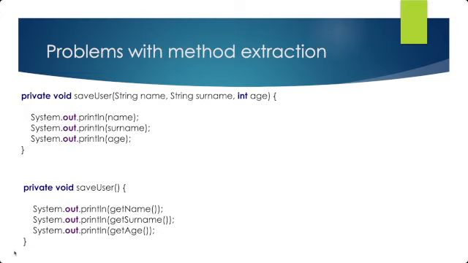But when we use it, we can make the first example of code into the second. We just remove all parameters and use little methods to get some information without sending any parameters.